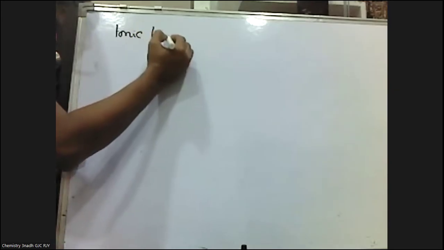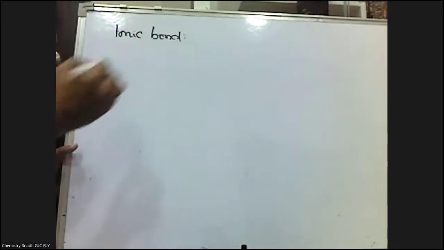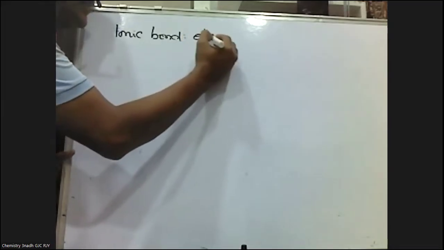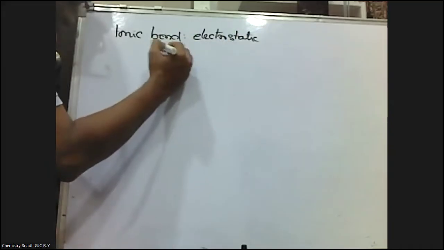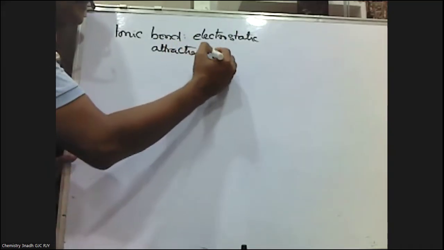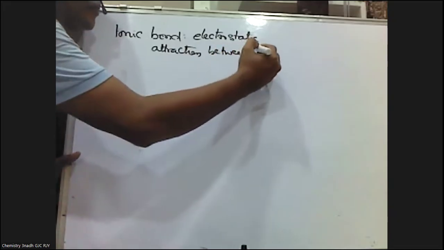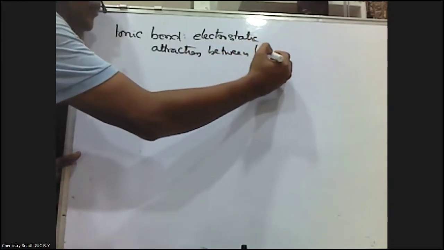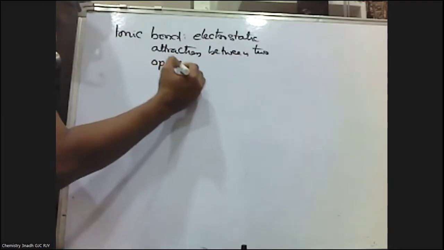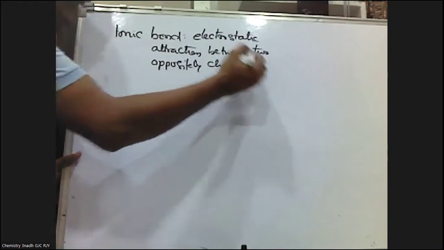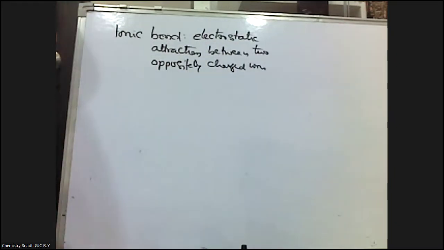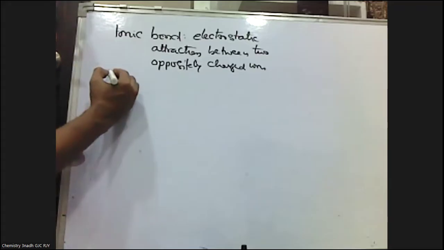about the ionic bond. So the ionic bond is formed by the electrostatic attraction between two oppositely charged ions.